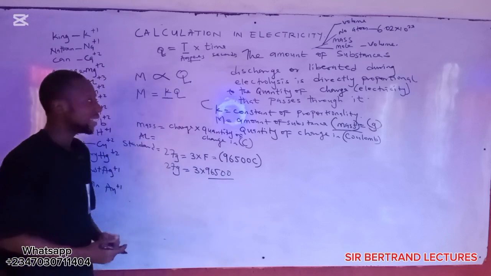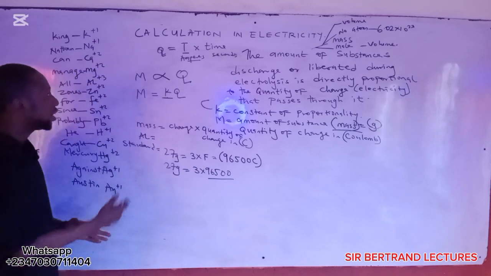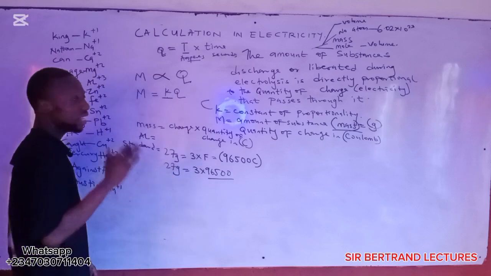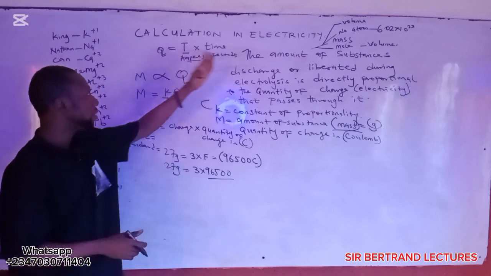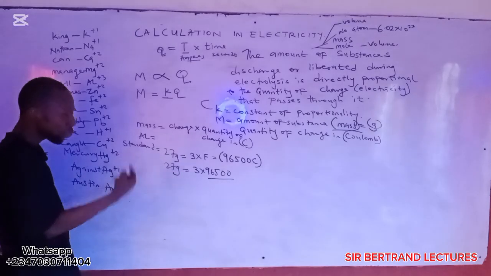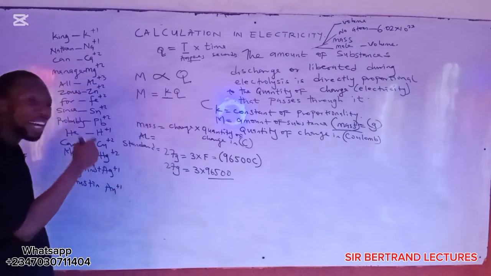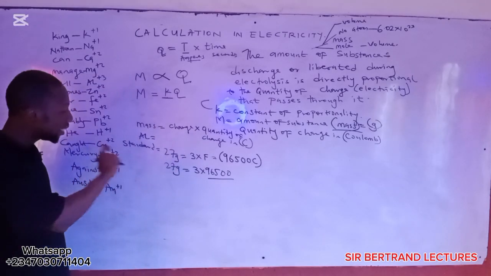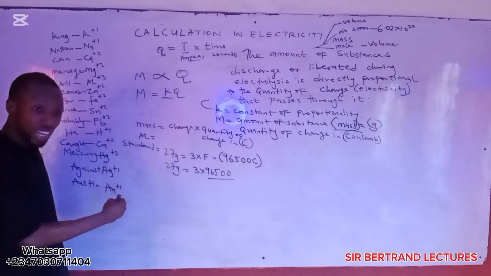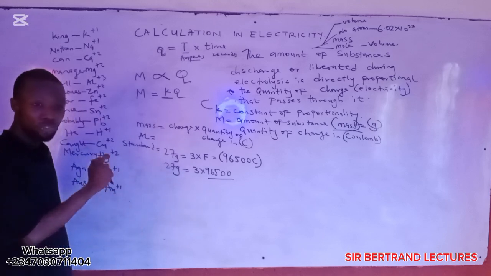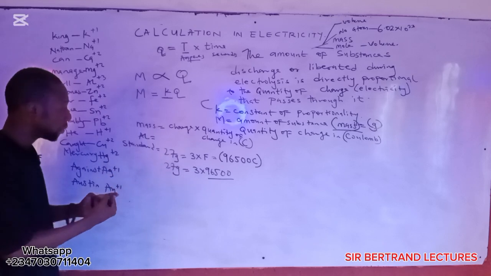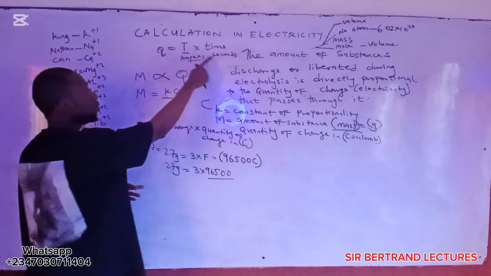If you are required to find any of these data, in the question they must provide you with the actual mass of the element, aluminum here, the mass of the substance you are using in the process. And maybe you are required to find any of the two.